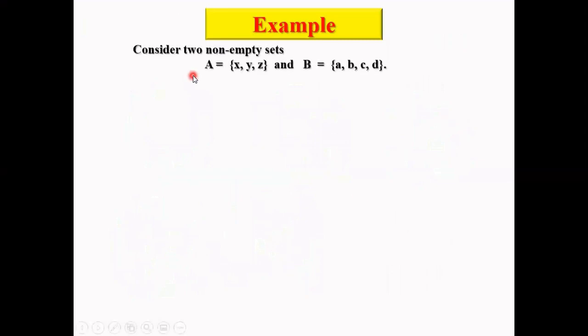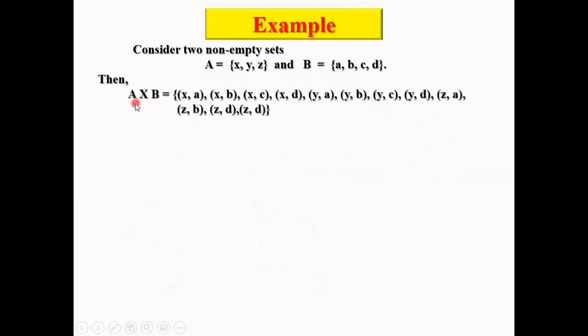One more example. Consider two non-empty sets, A with elements X, Y, Z, and B with the elements A, B, C, D. Then we have A cross B, the ordered pairs XA, XB, and so on. Let's take the subset of A cross B, R1.